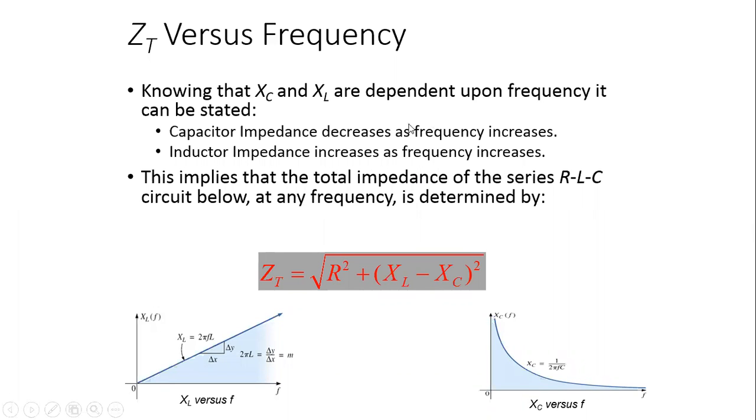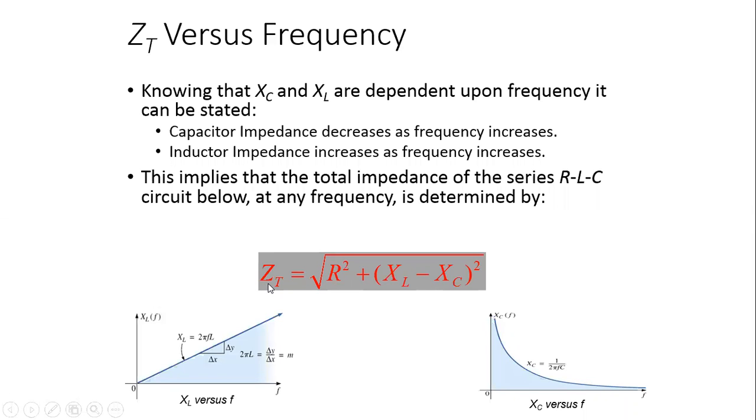See the difference between the XL and the XC. The XC is decreasing, the frequency will be increasing. But if the XL is increasing, the frequency also increases. Why is it happening? Just because we are treating XL as greater than XC.